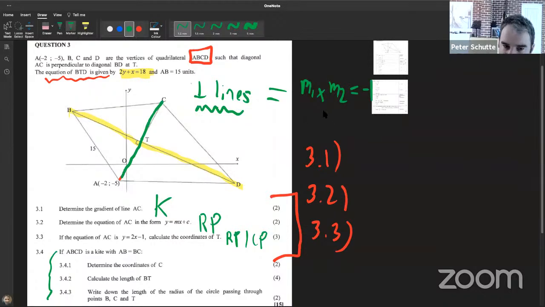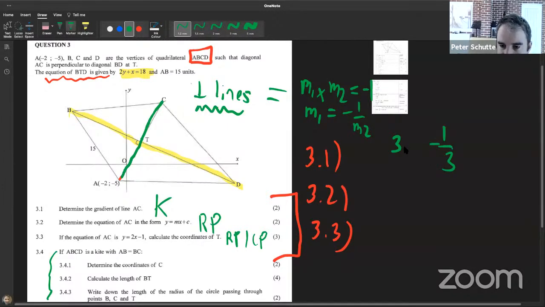Another way of saying this is M1 is -1 over M2. So to see this visually, if you've got a gradient of 3, a line that's perpendicular to that will have a gradient of -1 over 3. So you just flip them over and change the sign.